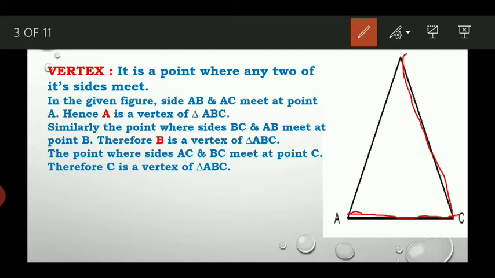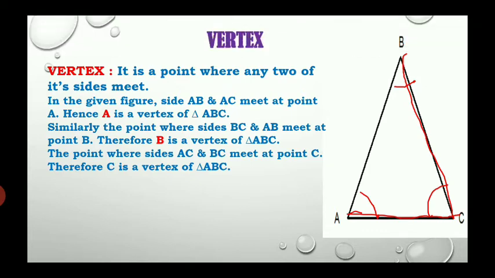Where are they meeting? They are meeting at angle C. Therefore, angle C is the third vertex. So angle A, angle B and angle C are the three vertices. Okay. So where they are meeting, that particular point is known as a vertex. When two sides are meeting, that is known as a vertex.